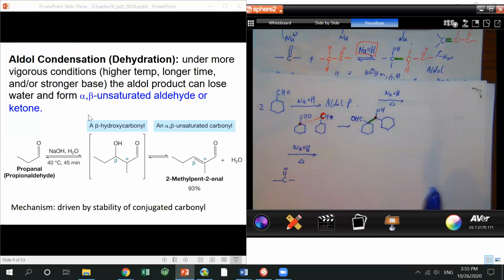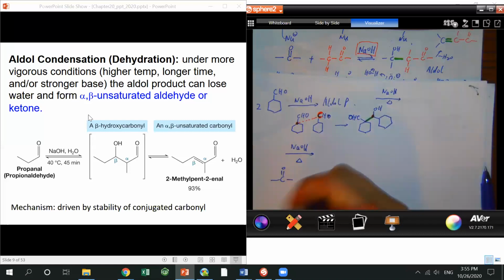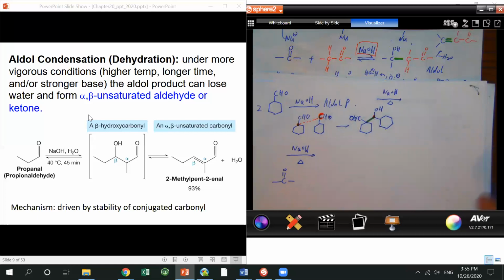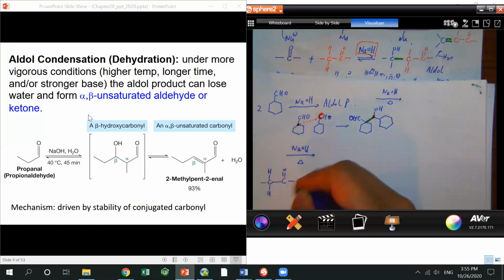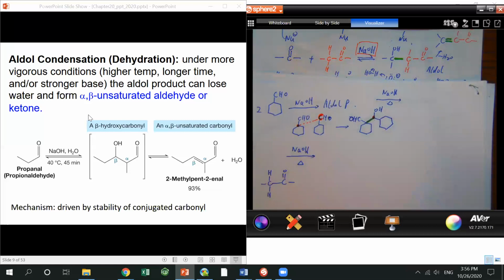All right, so we have one aldehyde or ketone contributing the carbonyl, and another contributing the alpha carbon. This one contributes the alpha carbon.